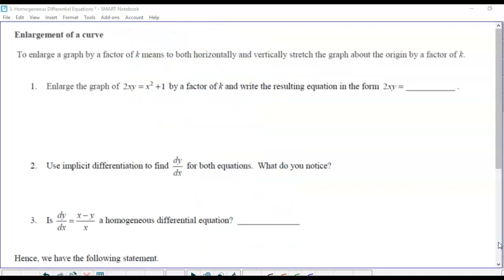Okay, we're just going to look at what the effect of enlarging a graph will do to the equation. To enlarge a graph by a factor of k means to both horizontally and vertically stretch it about the origin by a factor of k. Think back to transformations from Math 30. If you're stretching by a factor of k, you're going to replace x with x over k and y with y over k.